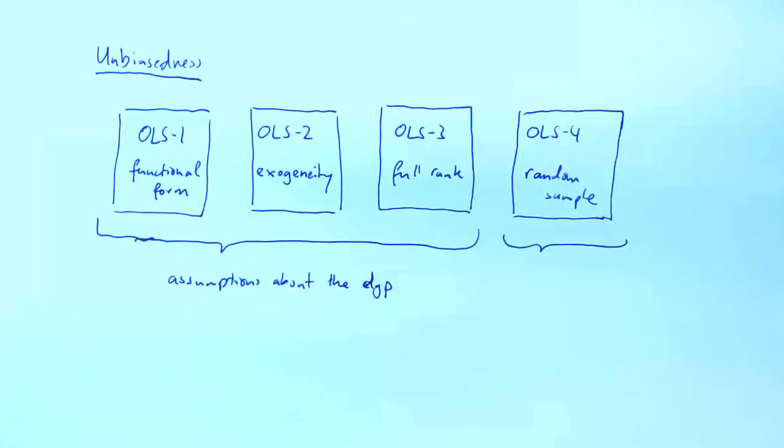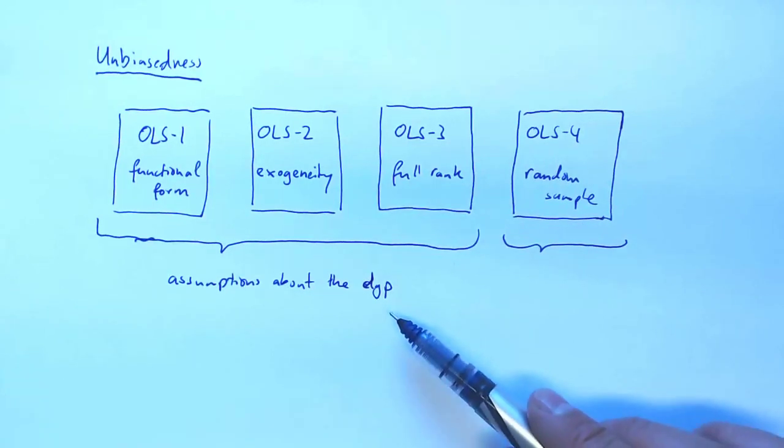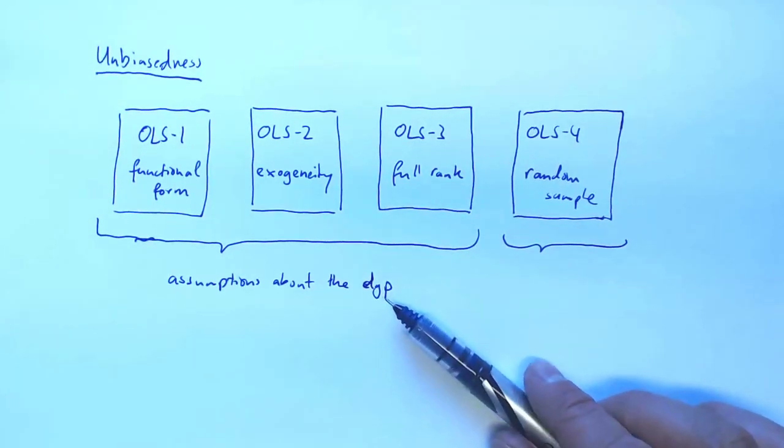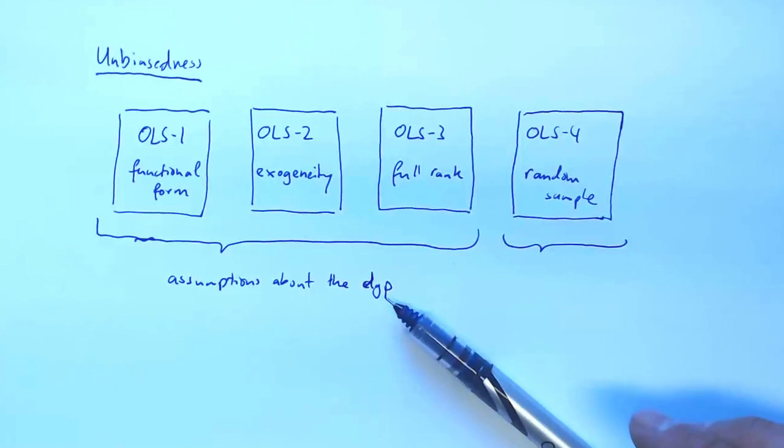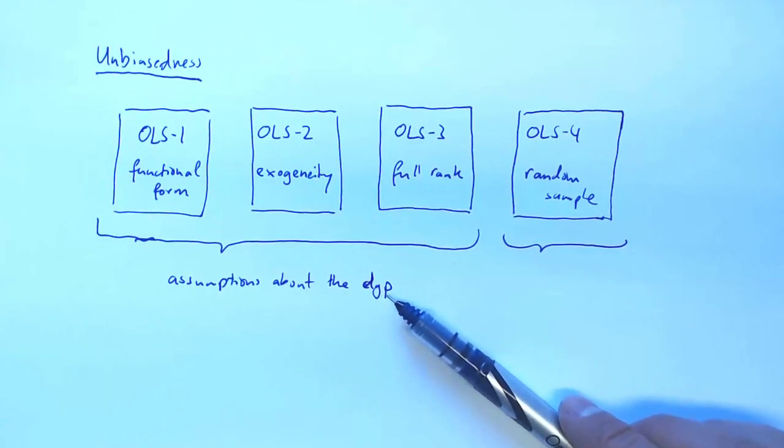So remember, we think of it like this: there's an actual population model out there, but, well, we cannot see it. It's still there. And we're assuming that this population model satisfies certain assumptions. So we're assuming basically that we write down a linear regression model that captures the DGP exactly.